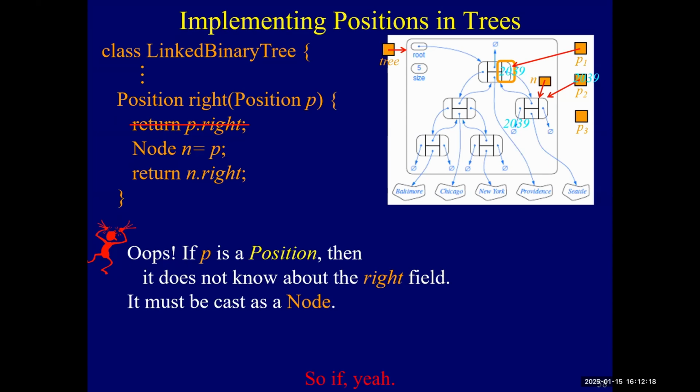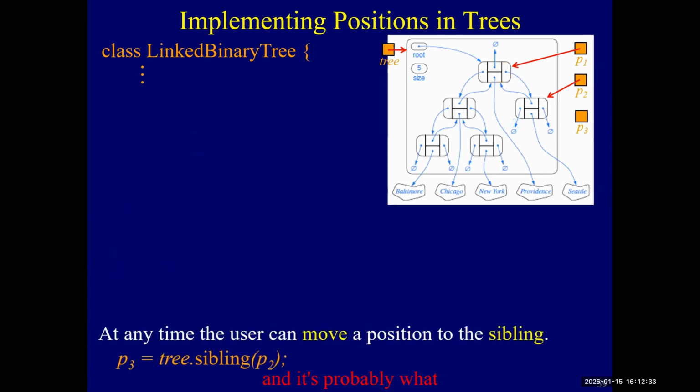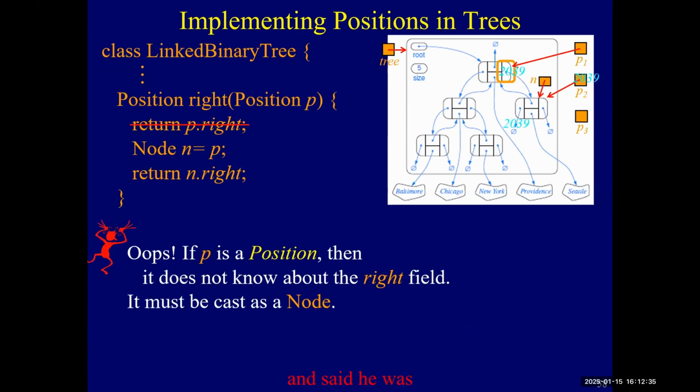The last homework assignment I did 5 years ago was moving around these trees with these positions, and it's probably what we would have done if Jackie hadn't come and said he was going to do it all for us.